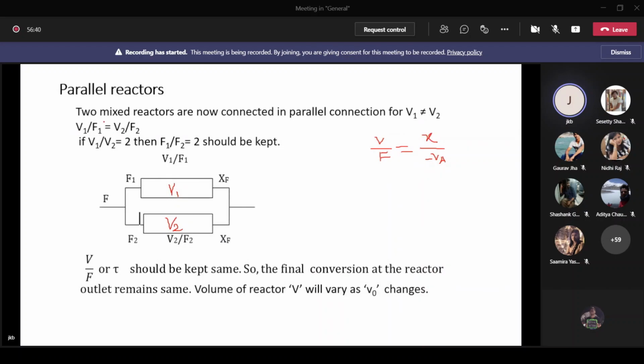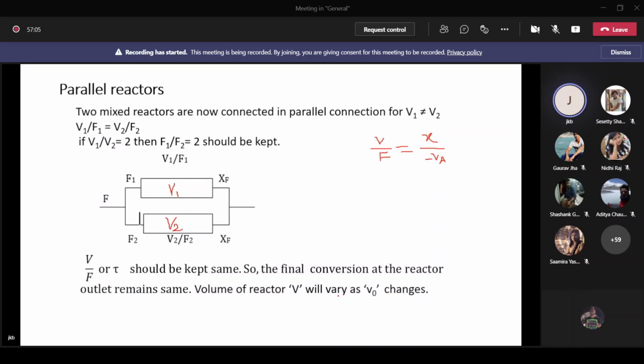Now if we have the reactor ratio V1 by V2 is 2, then F1 by F2 should be 2. So it depends on the size of the reactor what the flow rates should be, so that the final conversion at the reactor outlet remains the same. And if we know V1 by V2, we can decide about V0.